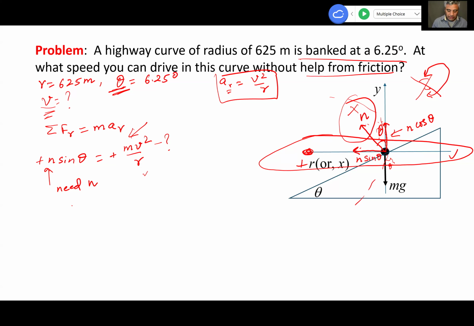So to figure out N, we go back and look at the free body diagram. We have N in the vertical direction as well, so we can write an equation in the vertical direction.